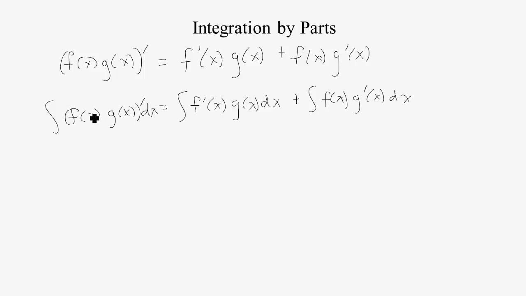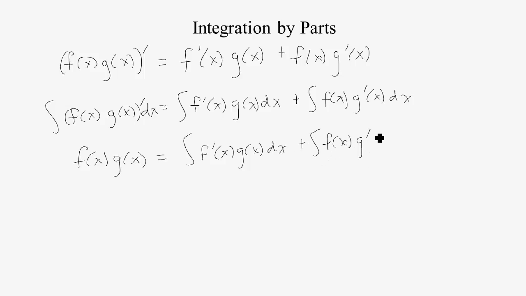Over here on this side, we're taking the antiderivative of the derivative of something, so those just undo each other. So we have f of x times g of x is equal to the integral of f prime of x g of x dx plus the integral of f of x g prime of x dx.